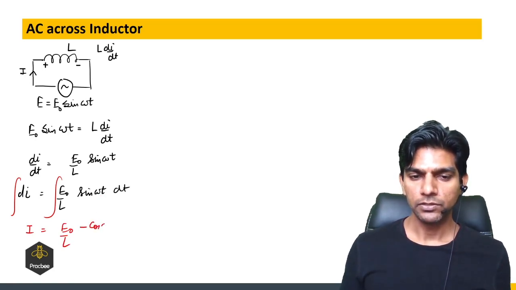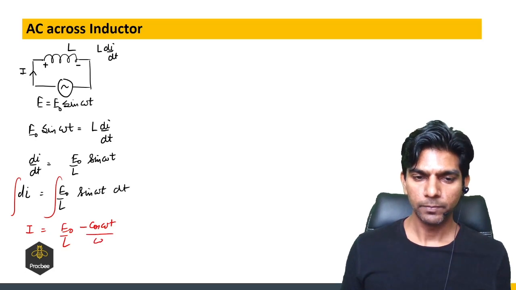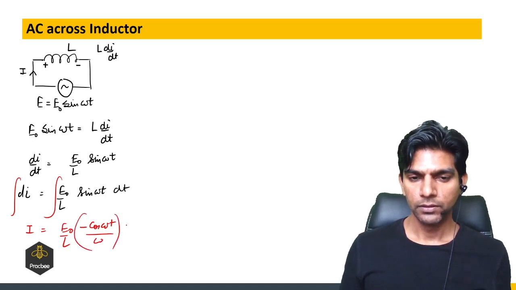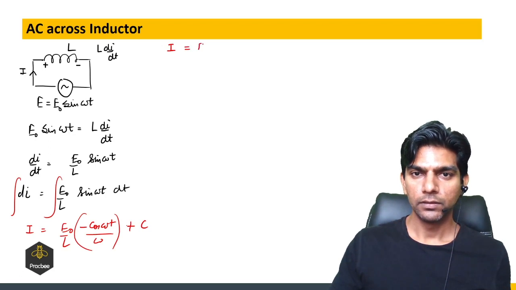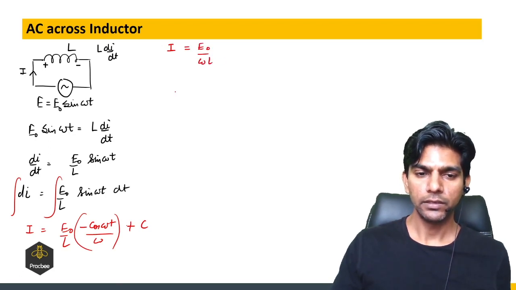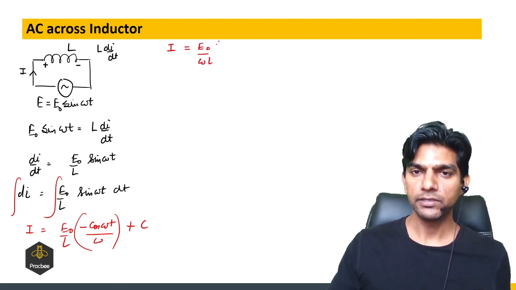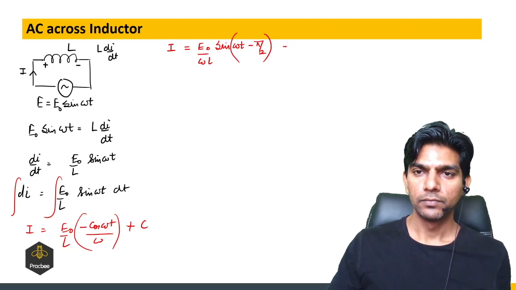So minus cos omega t divided by omega plus some constant. So we can say I will be E naught by omega L, and minus cos omega t can be written as sine of omega t minus pi by 2, plus C.